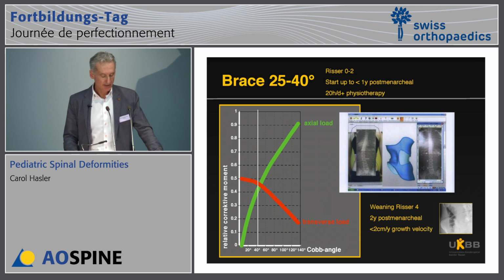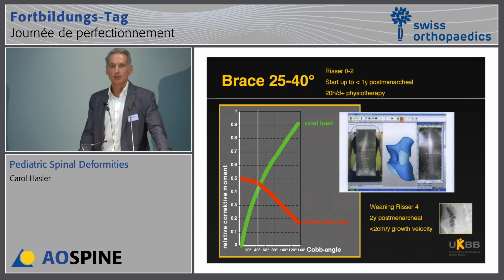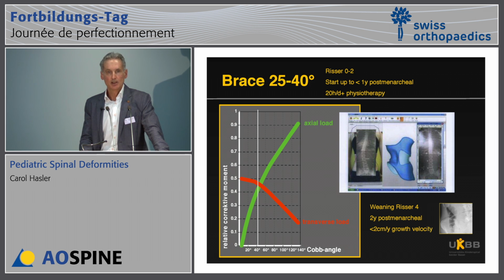So how do we treat those patients? If they have a deformity of more than 25 degrees, between 25 and 40 degrees, and there is a lot of growth left, so before the onset of puberty, Risser sign 0 to 2, it's a typical and classic indication for brace treatment.